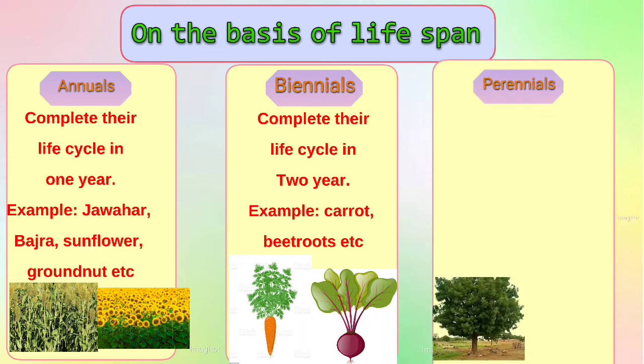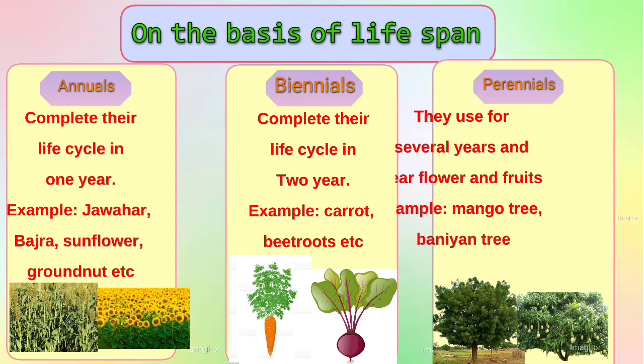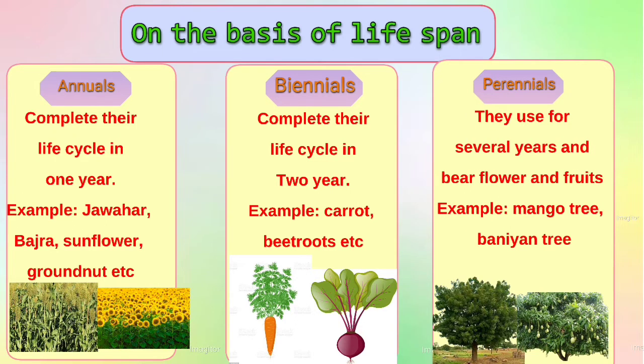Perennials. Some trees like neem, mango, banyan, etc. live for several years and bear flower and fruits. Plants that live for more than 2 years are called perennial plants.